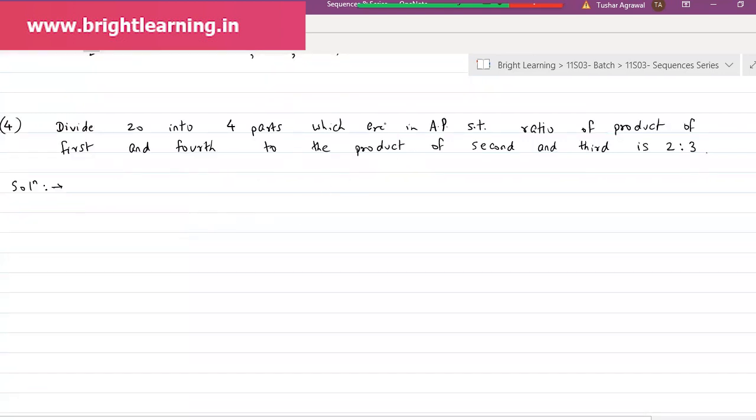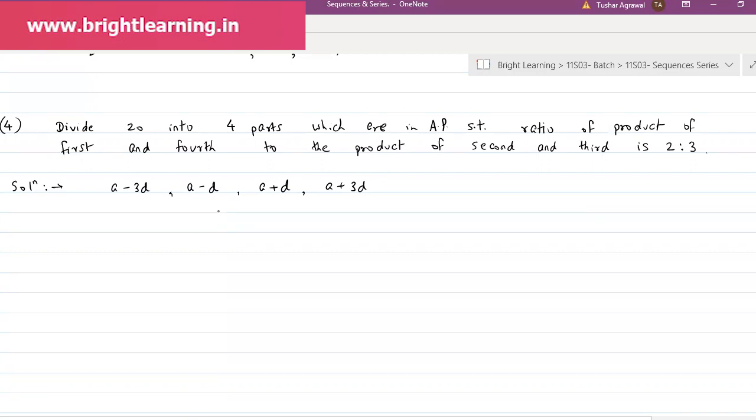So again, the numbers we will take are a minus 3d, a minus d, a plus d, and the next term will be a plus 3d. This 20 is divided into 4 parts, which are in AP, and their addition is 20.